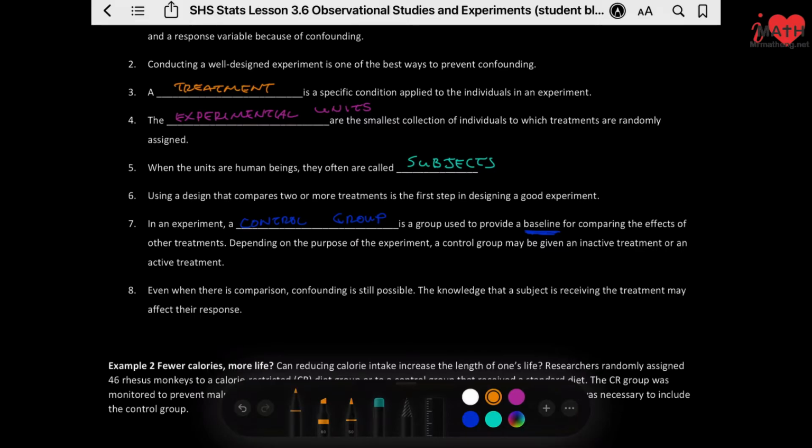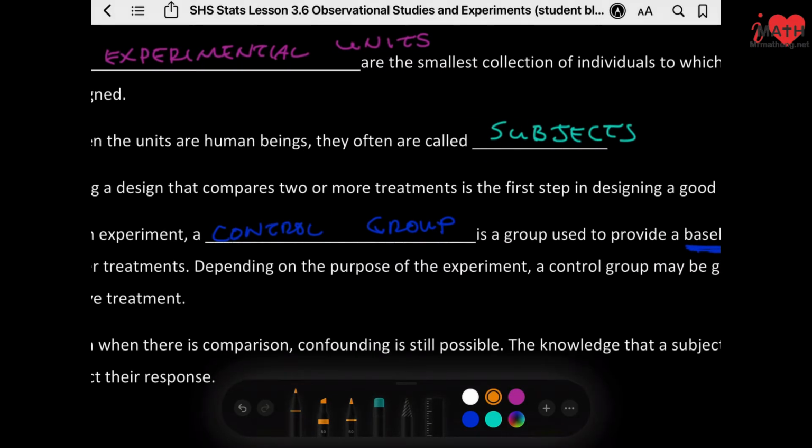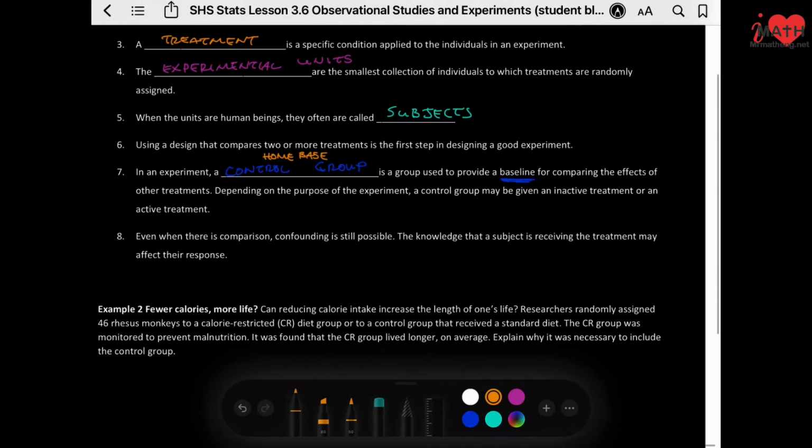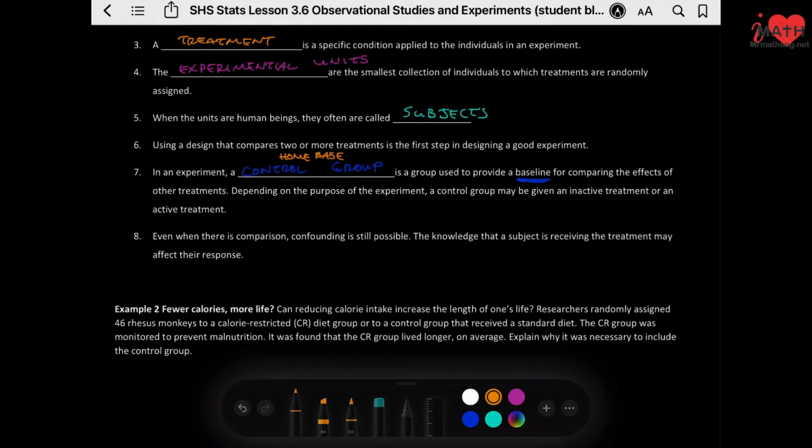I'm just going to put another word out here. I call it maybe like home base, what you're starting with. Like home. Number 8. When there is a comparison, confounding is still possible. The knowledge that a subject is receiving the treatment may affect their response.